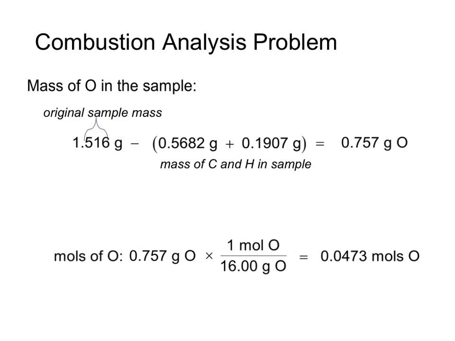And we find a mass of oxygen of 0.757 grams present in our initial sample. We can then do what we did before and convert that over to moles using our molecular mass. And so we find that our initial sample had to contain 0.0473 moles of oxygen. We now know how many moles there were of each element in our initial sample.